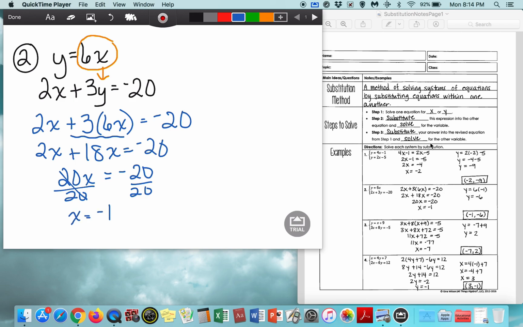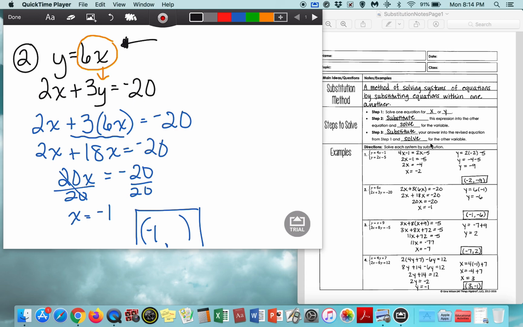So you're finding the first letter, in this case the x. My answer, remember, is going to be a point. To figure out the other number, I go back to the original equations, and the easiest way is to go back to the equation where you had the y all by itself.